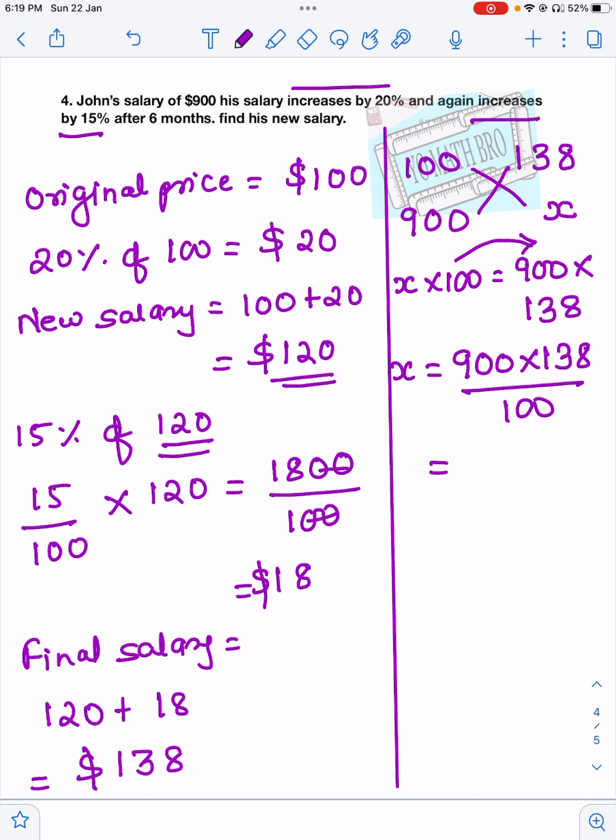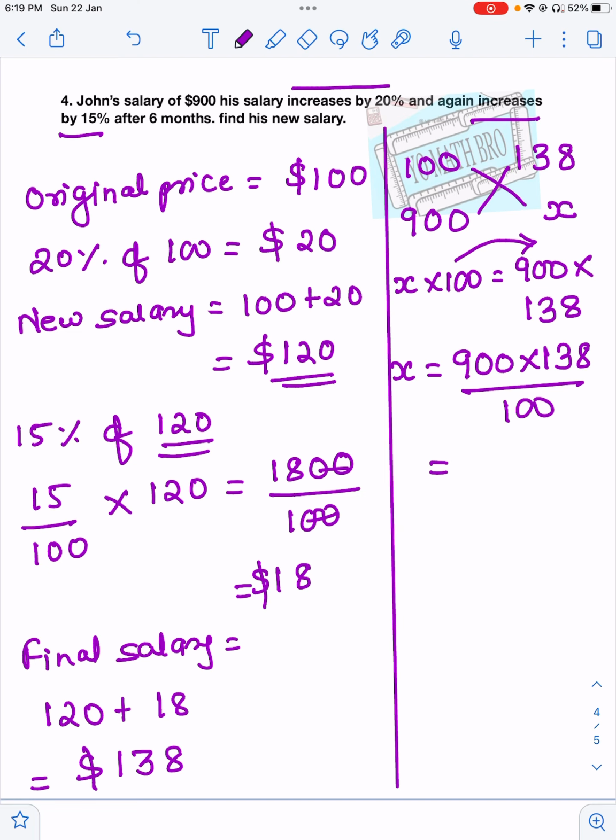Now my dear students, always remember to show every step. I see students doing it directly. I know you guys are smart. You can get the answer directly, but if your final answer is incorrect, you get marks for steps. That's the reason you have to write each and every step.